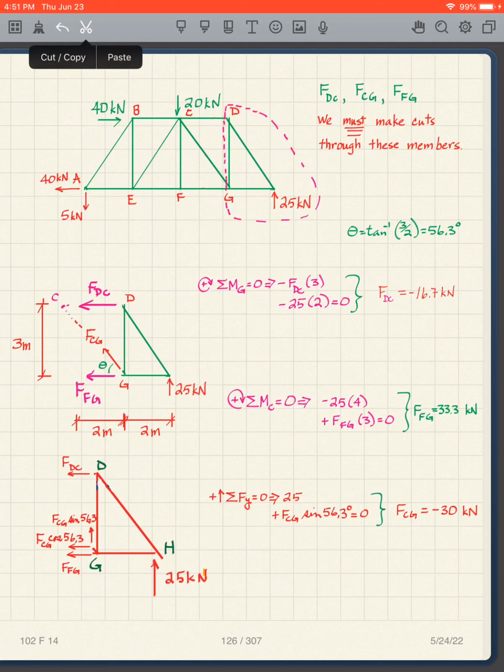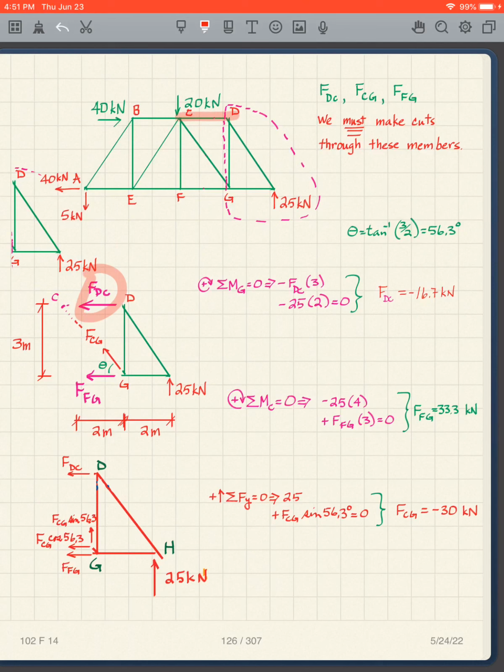So I'm going to do my copy and paste. And what do I get out of it? I guess I was a little bit close on cutting those members, but when I cut member CD, you can see a little bit of it here.